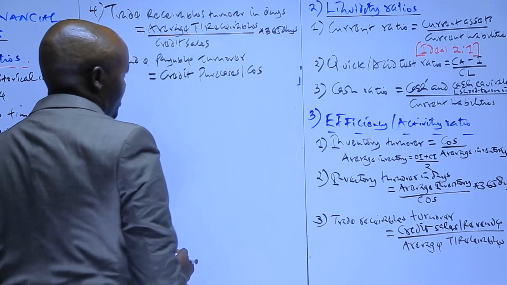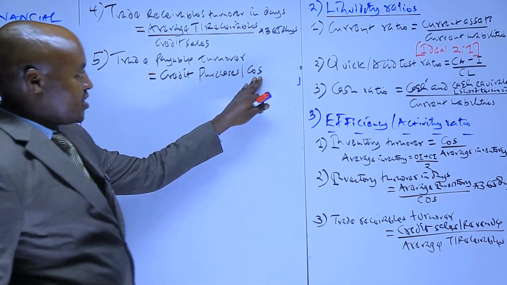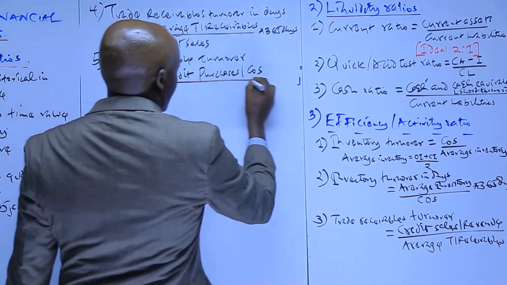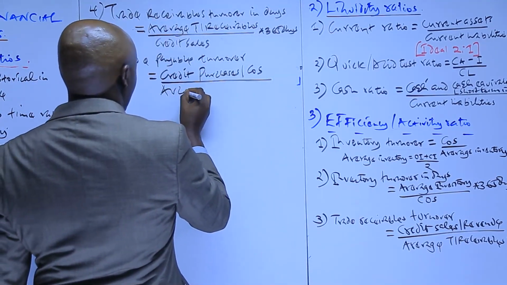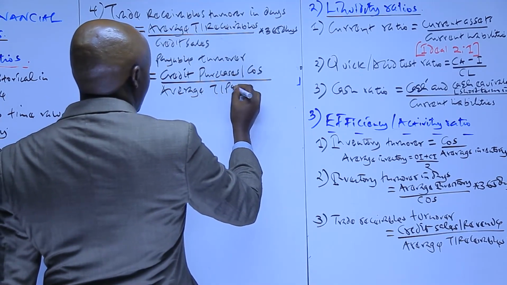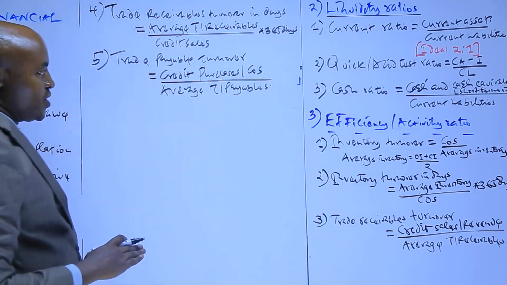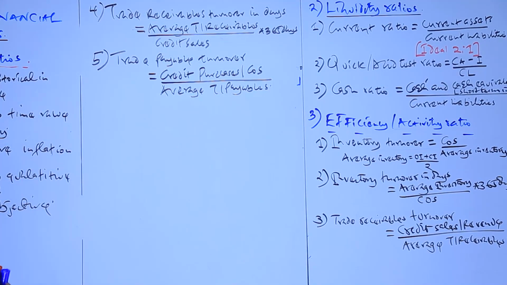In most questions, the examiner will not have given you the credit purchases, so instead we use the cost of sales, and then divide that by the average trade payables. And anytime you see average, to compute it, you take the opening balance plus the closing, divided by 2.